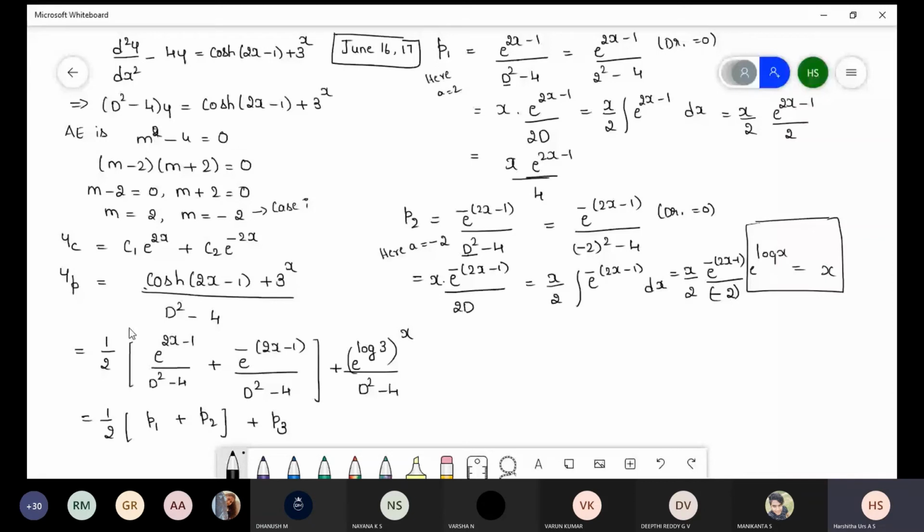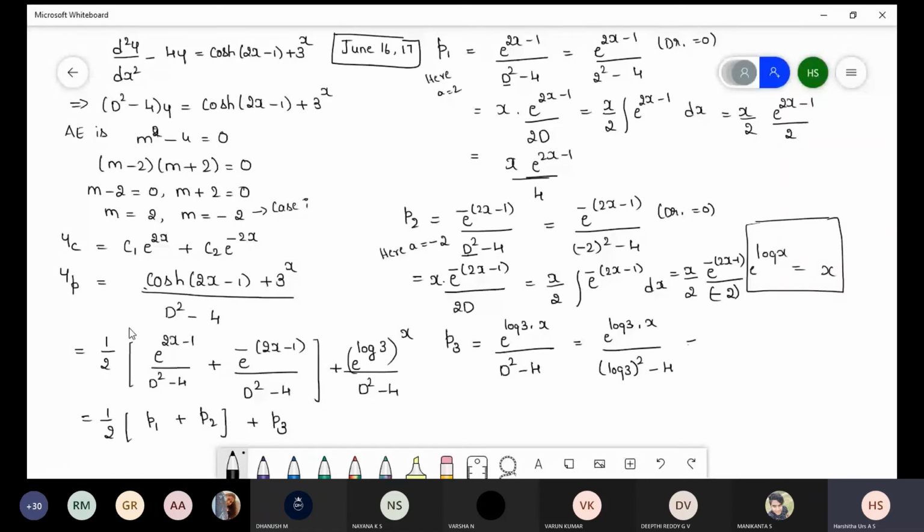So next come back to P3. P3 is e^(log 3 · x) divided by D² minus 4. Here our a value is log 3. So (log 3) squared minus 4.